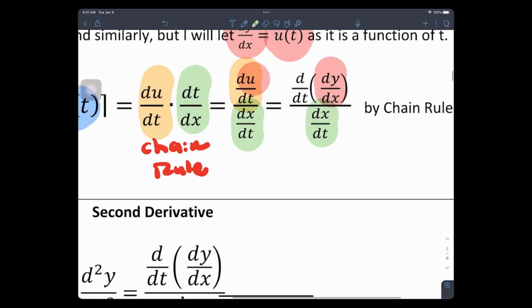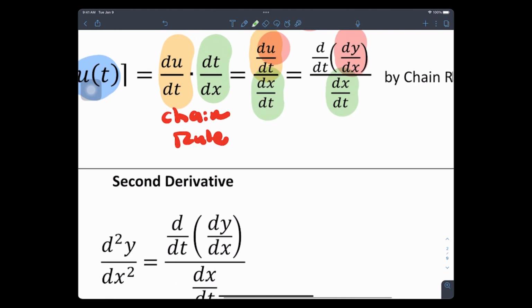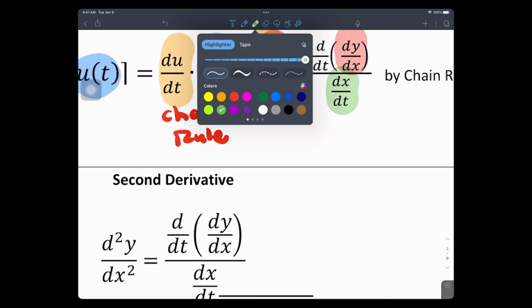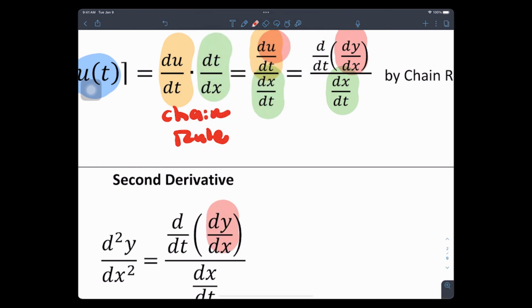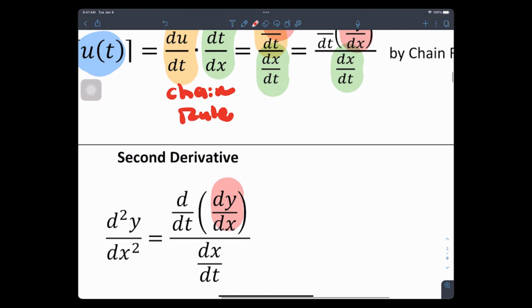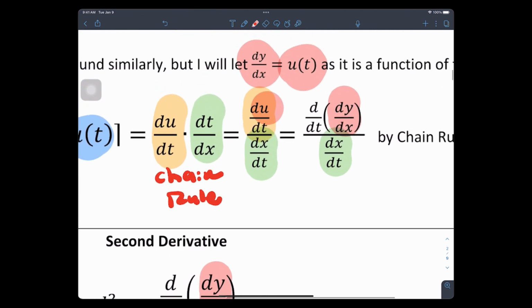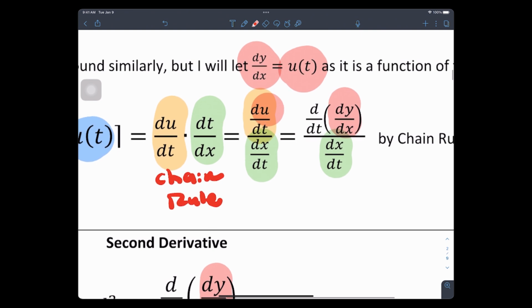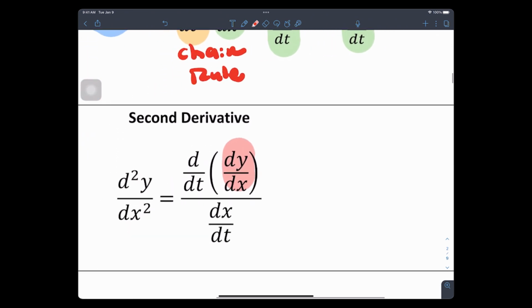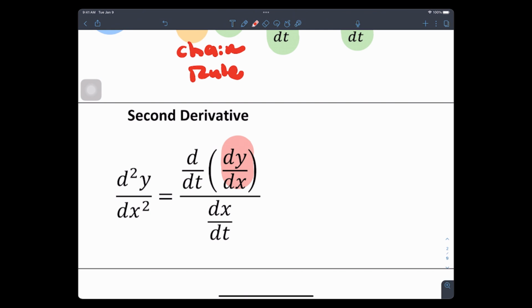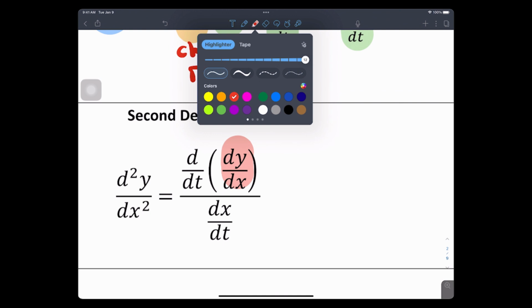So in your book, you say, why did they do this here for the second derivative? I just proved it to you guys. This is where it came from. This is the logic. The point is, in order for you to get the second derivative, this is the formula you use.